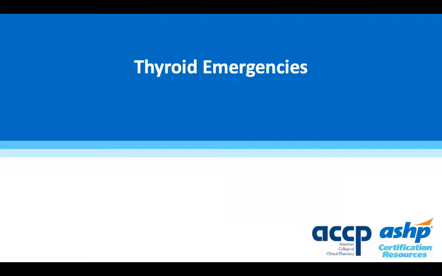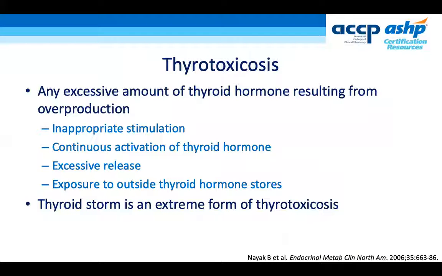Our final section in our endocrine component is thyroid emergencies. We're going to start by focusing on thyrotoxicosis. Thyrotoxicosis is any excessive amount of thyroid hormone resulting from overproduction, and that could be due to many different things.